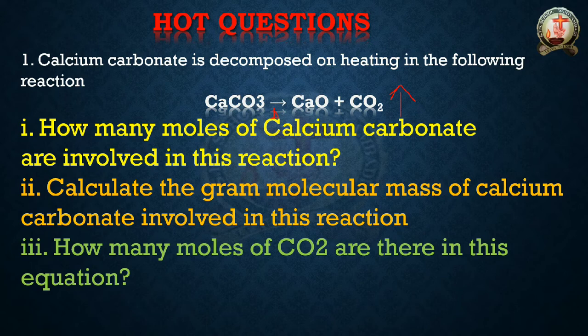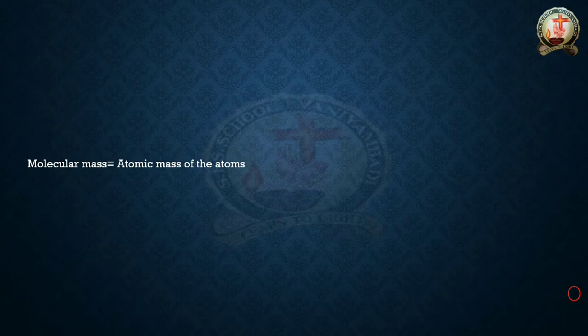Now we are going to solve it. First, write the equation in your answer sheet. Calcium carbonate in the presence of heat decomposes to give calcium oxide plus carbon dioxide evolution. Sometimes they mention an arrow near the carbon dioxide, which represents that carbon dioxide gas gets evolved. Sometimes the arrow is not mentioned.